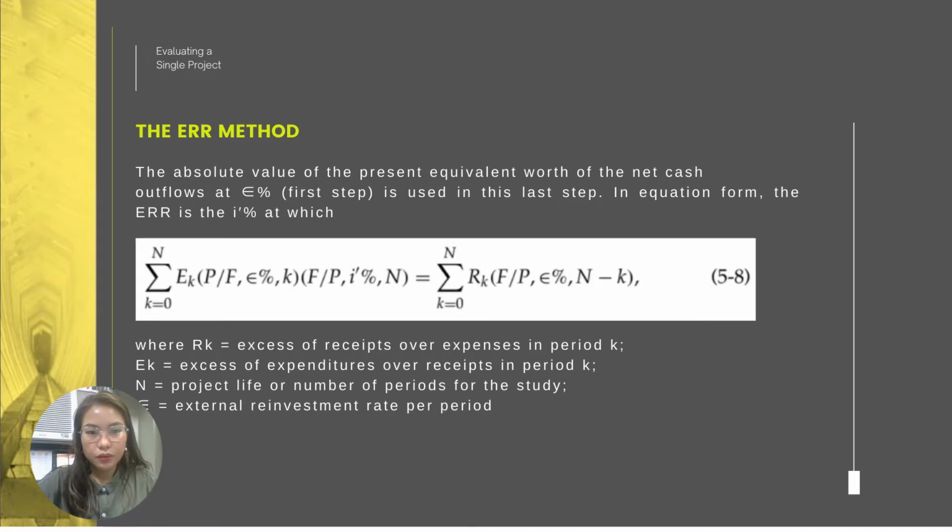The absolute value of the present equivalent worth of the net cash outflows at E%, which is the first step, is used in the last step.